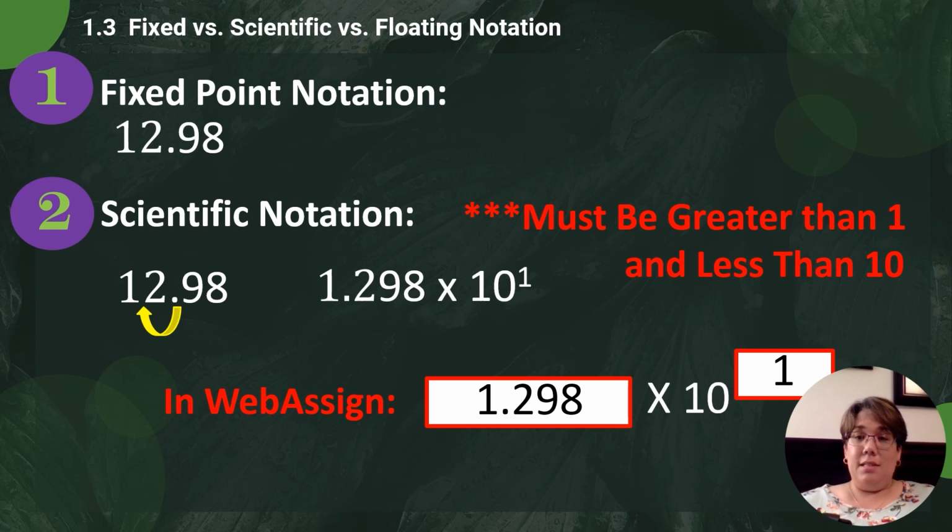So that's how you would type in your answer. That's like the other half of the battle of doing your homework. A lot of people get tripped up on how you actually put your answer in. So, all right, now we have one more notation to go over.